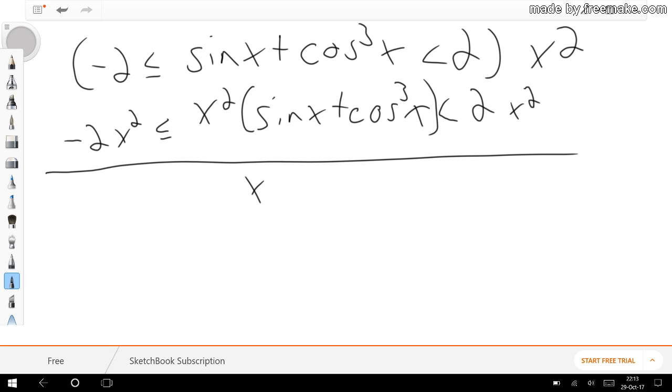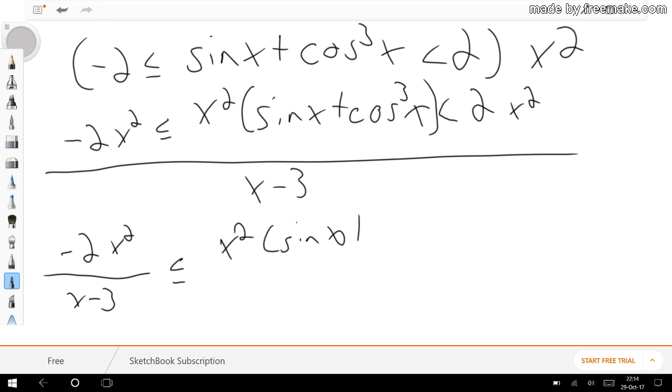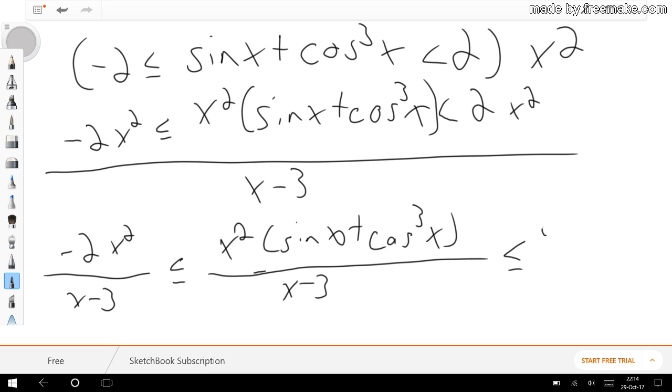So now we can divide everything by x minus 3. We end up with negative 2x squared over x minus 3 is less than or equal to x squared times sine x plus cos cubed x, all over x minus 3, which is less than or equal to 2x squared over x minus 3.